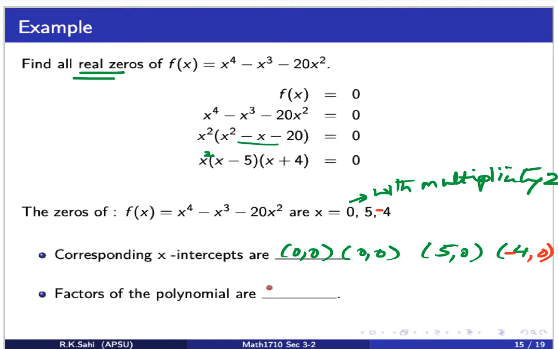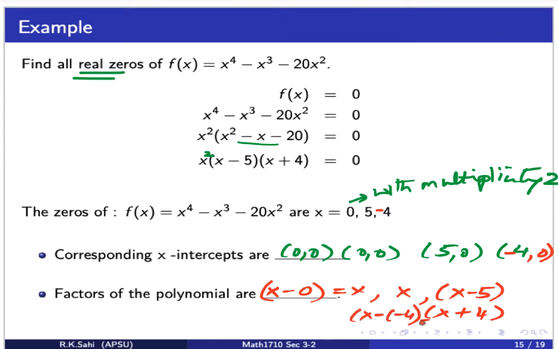Basically this. So it's going to be x. x is basically the same as x minus 0. We can just simply write that. I can repeat it, x again, and then x minus 5 and x plus 4. That's what we have. Remember, x plus 4 is x minus of minus 4.